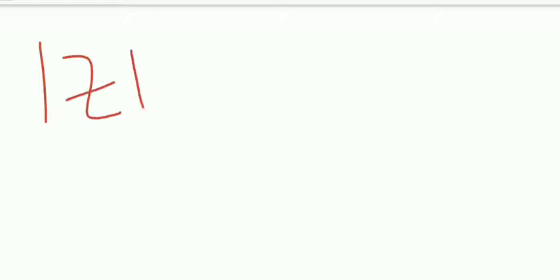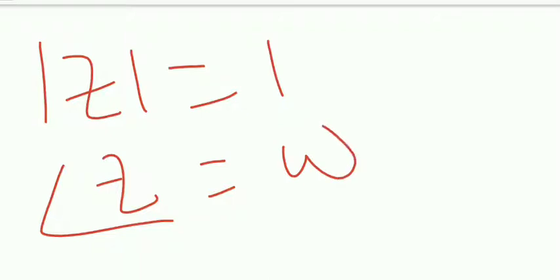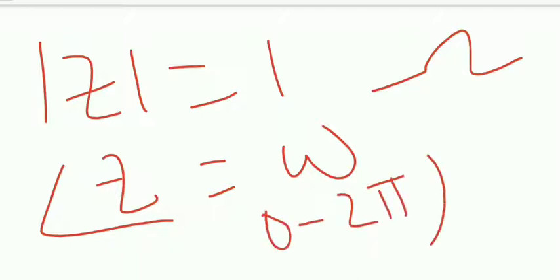So the magnitude of z is equal to 1 and the phase of z is equal to omega, where omega is a discrete frequency. Please remember, omega is a discrete frequency, whereas capital omega is a continuous frequency. There is a difference between discrete frequency and continuous frequency. Discrete frequency varies from 0 to 2 pi, whereas continuous frequency varies from minus infinity to plus infinity.